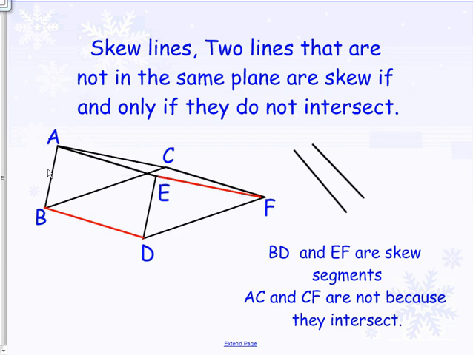Same with AC and DF. But as it says down here, AC and CF are not skew segments because yes, they are on different planes, but they do intersect at point C.